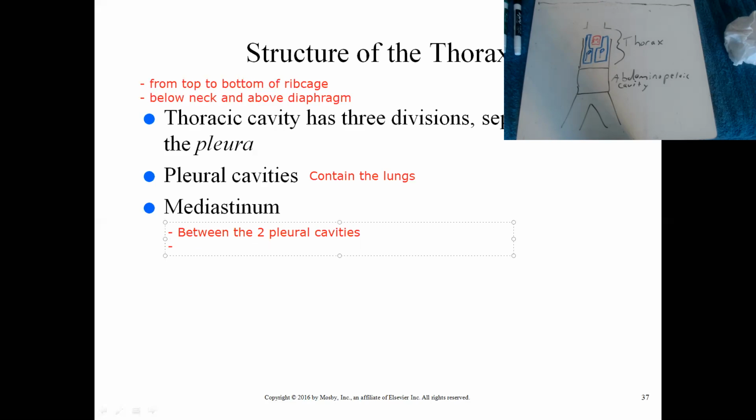And a major organ inside the mediastinum is the heart. For the respiratory system, however, the mediastinum also contains the trachea as well. Those are the major cavities of the thorax.